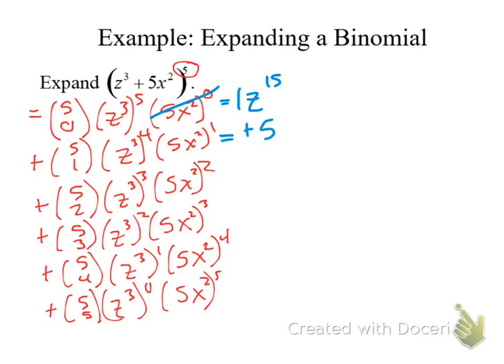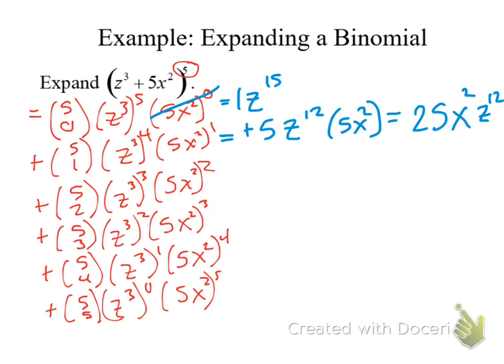I got that either from Pascal's triangle or by doing 5 choose 1 in your calculator. So that's going to be 5z to the 12th times 5x squared. You are not done with this term because I have to multiply that 5 times 5, which is going to be 25x squared z to the 12th, or z to the 12th x squared.